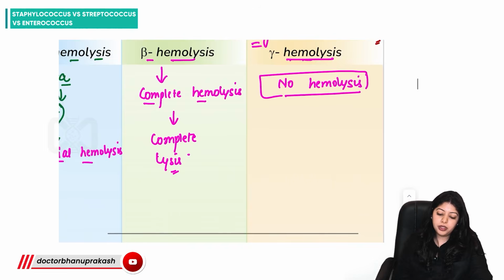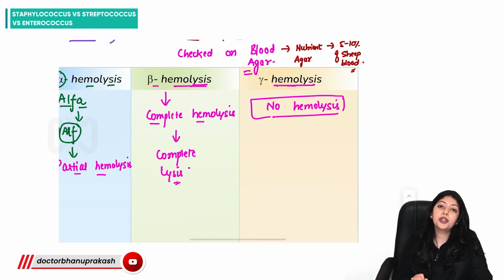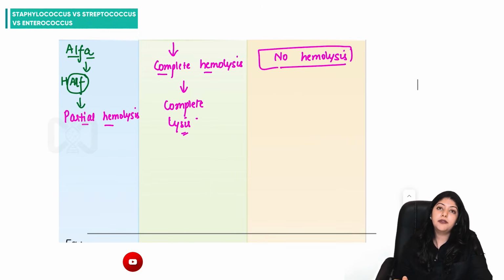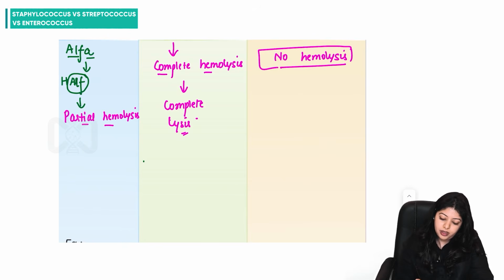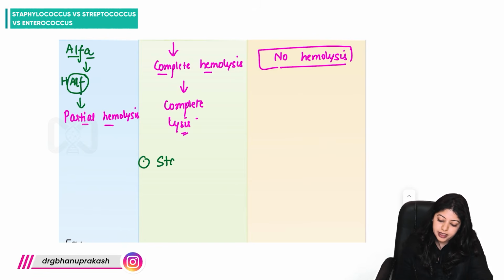So now coming to the beta hemolytic group. What are the bacteria which show beta hemolysis? Beta hemolysis would be shown by Staphylococcus aureus. One thing, complete hemolysis.